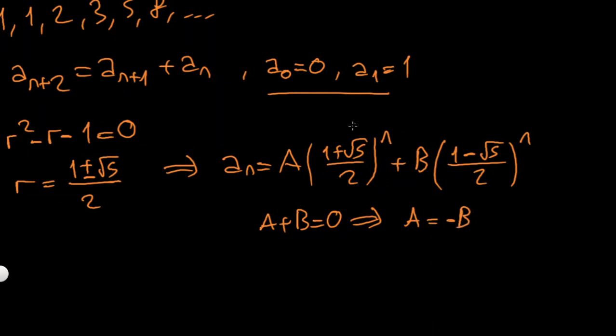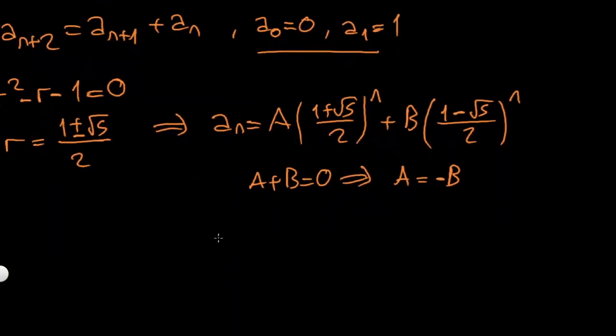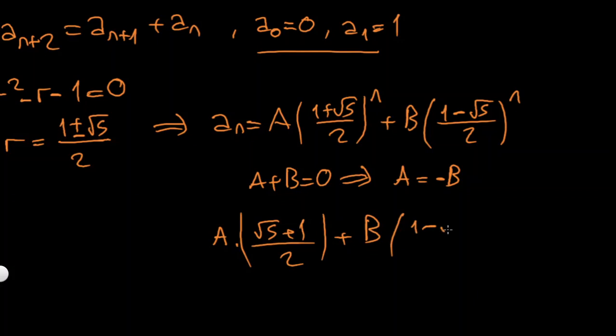And if I put n equal to 1, this is just going to give me this thing plus this thing. Let's write it. So I have a times this thing, square root of 5 plus 1 over 2, and plus b times 1 minus square root of 5 over 2.